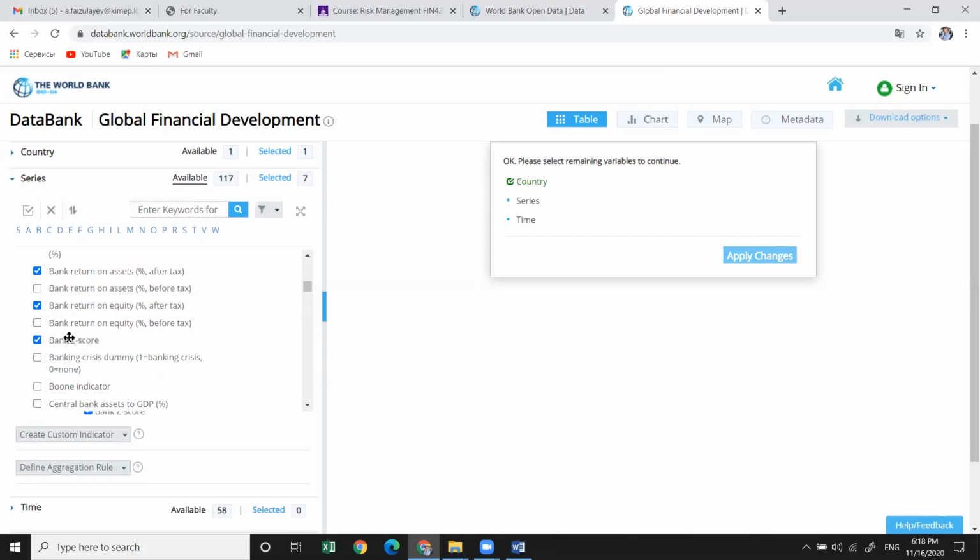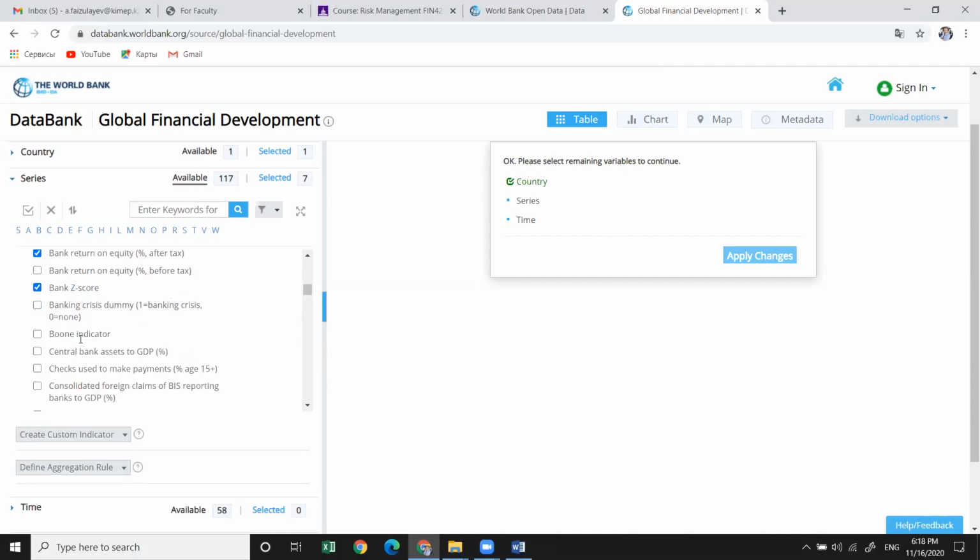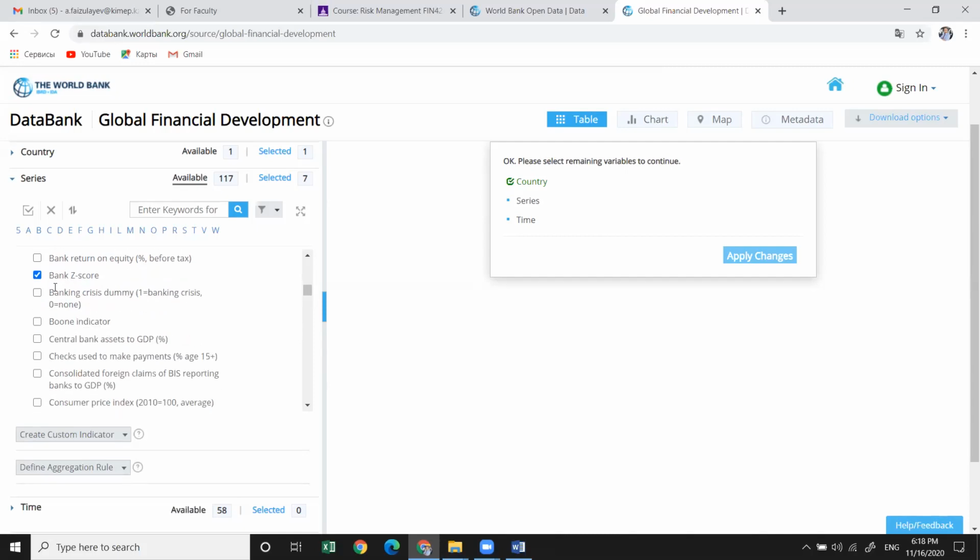Bank Z-score measures actually the banking competition impact. Are the banks competitive or not? Oh, I'm sorry. Z-score is about stability, how stable the banks are in Kazakhstan. I was confused with the Boone indicator.